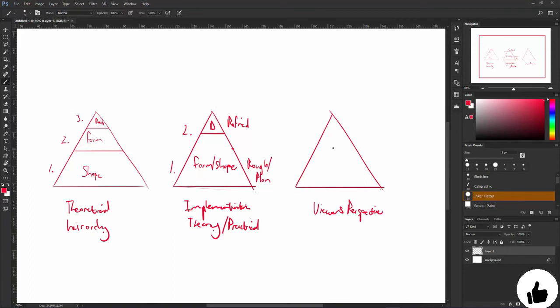So the viewer really sees things, I would say, in a combined way, but generally speaking, they'll see things as forms, and this would be halved like that, I would say. Forms and then details.